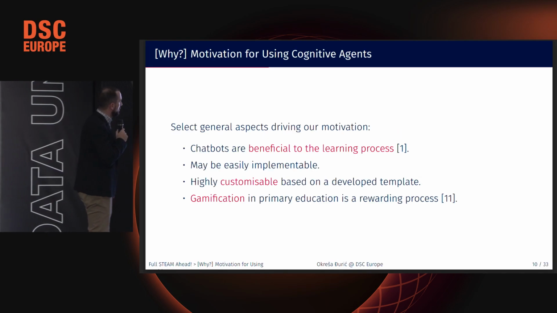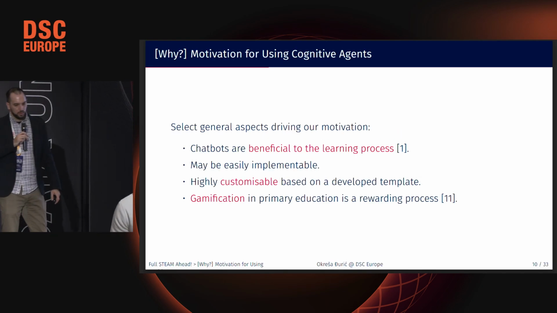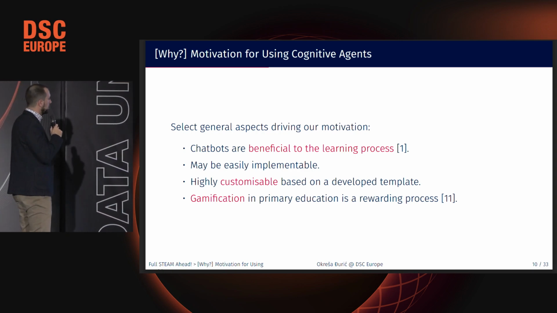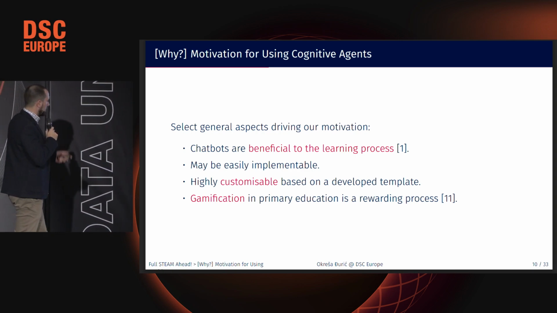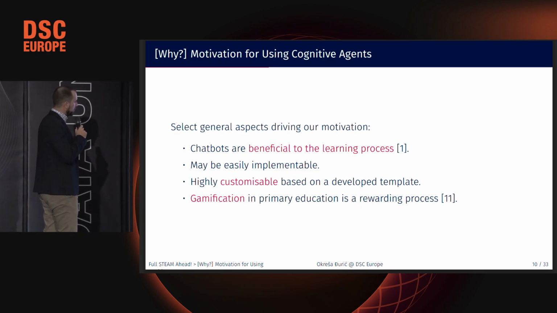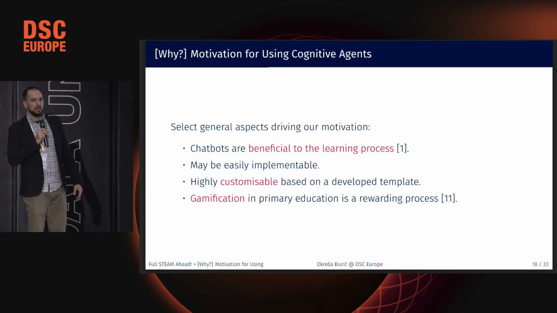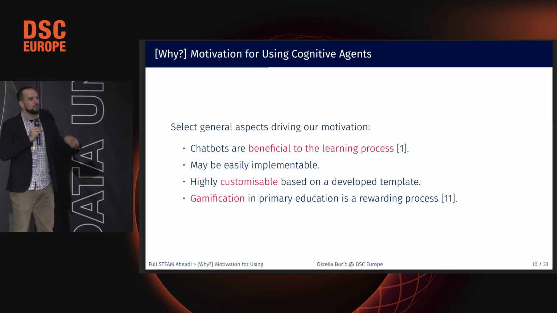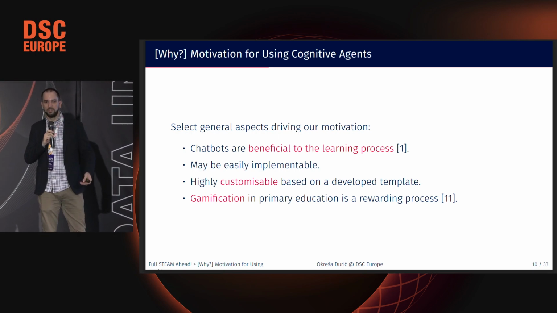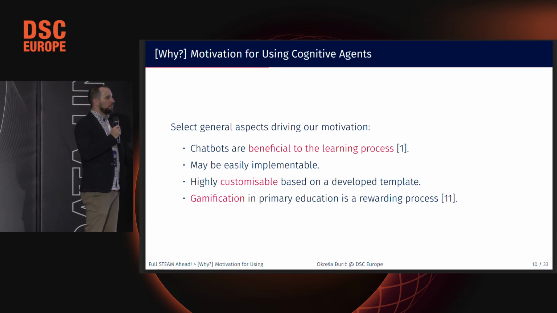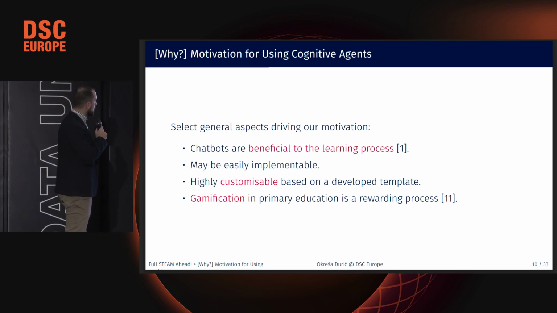Now, why was this approach at all thought of, or why is it acceptable? It is because chatbots can be seen as beneficial to the learning process, because they can help reiterate some of the contents of the class and similar, or maybe make it more approachable to our students.